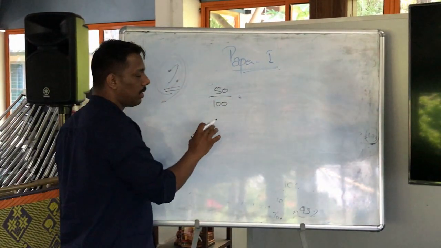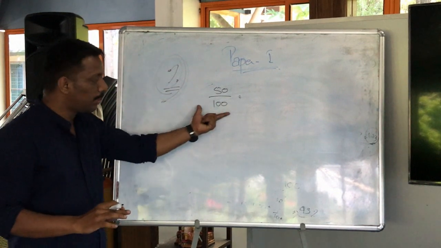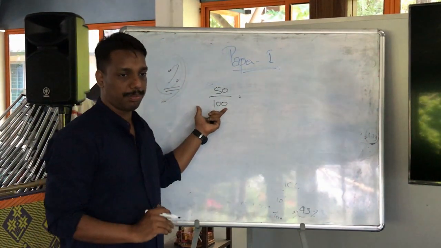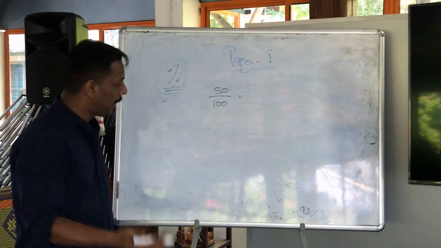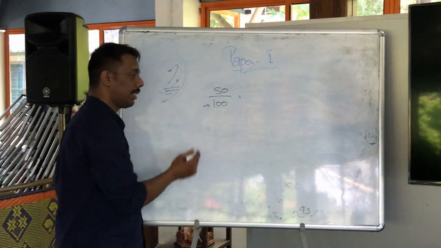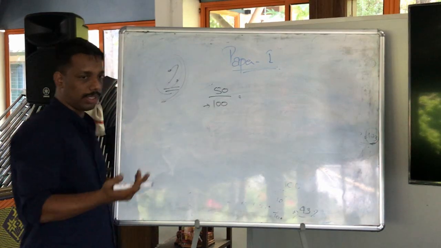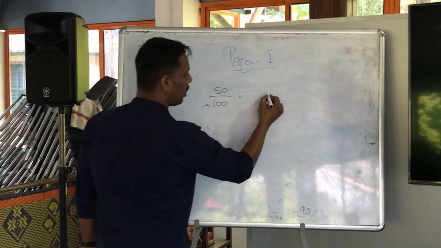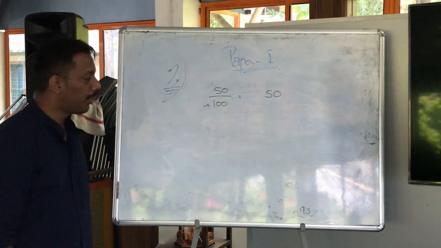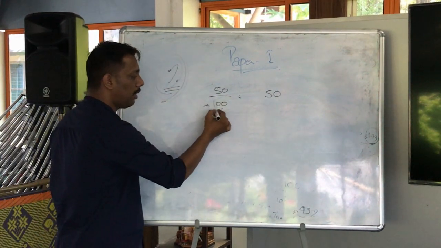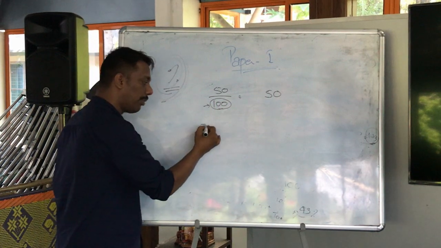How can you change this into decimal form? Dividing or multiplying numbers by 100 or 1000 or 10 is very easy. How? 50 is your number. You have to divide this number by 100.